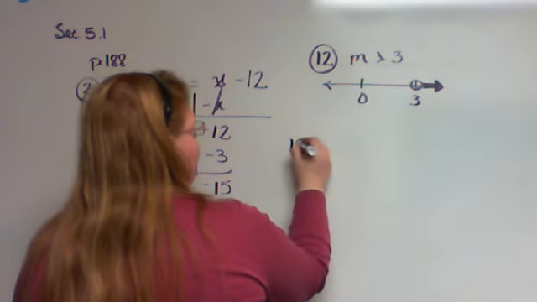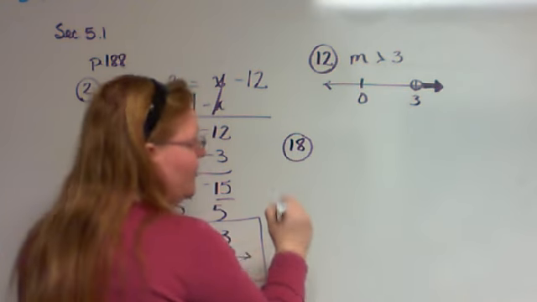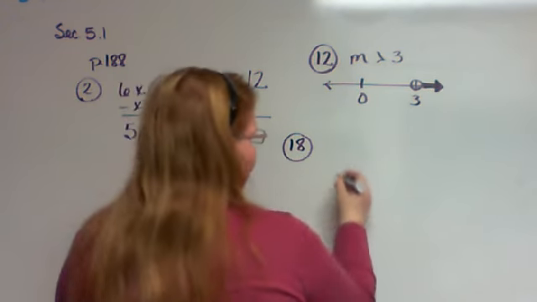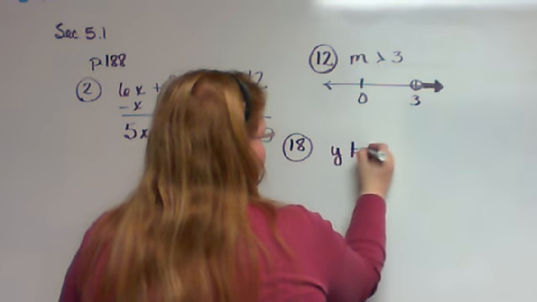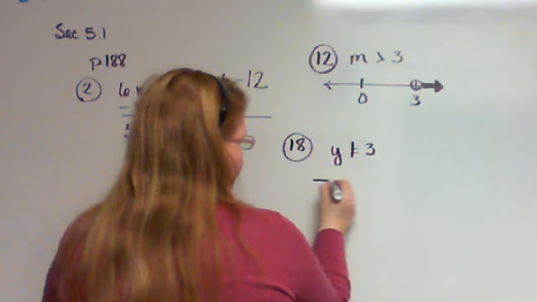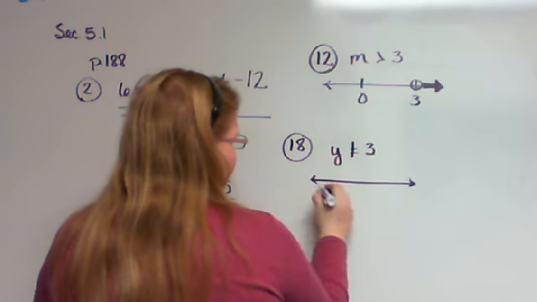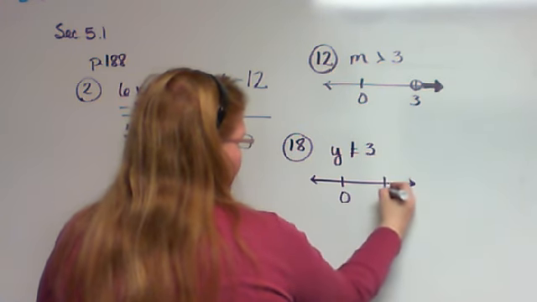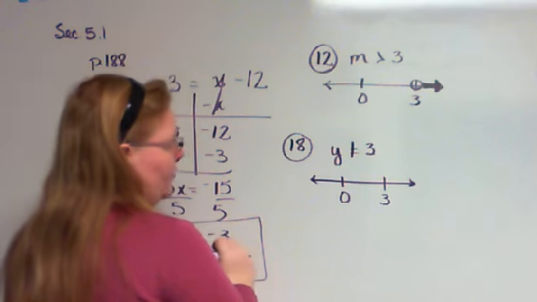And then problem number 18, just to drive it home. Y is not equal to 3. Zero, 3 is over here somewhere.